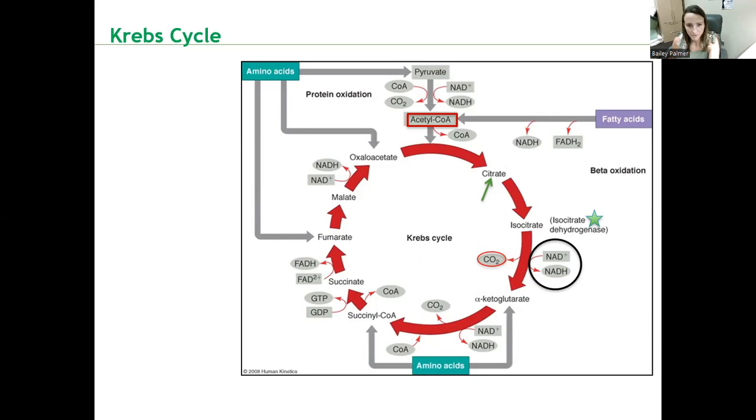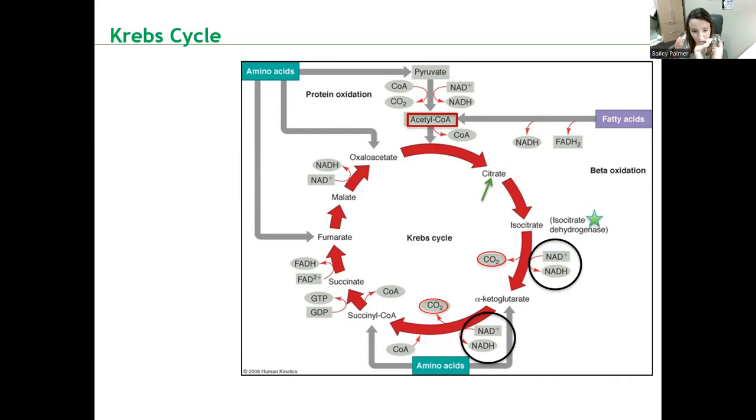Our next step, step 4, we're taking alpha-ketoglutarate and turning it into succinyl-CoA. During this process, we release another group of electrons, reducing NAD to NADH. We also have another loss of a carbon, so we produce another CO2. And in this action, there is an addition of a coenzyme. So coenzyme A is added, and now we have succinyl-CoA.